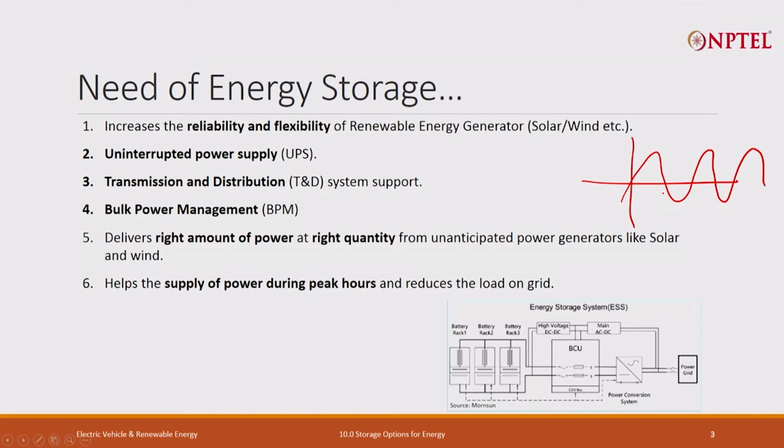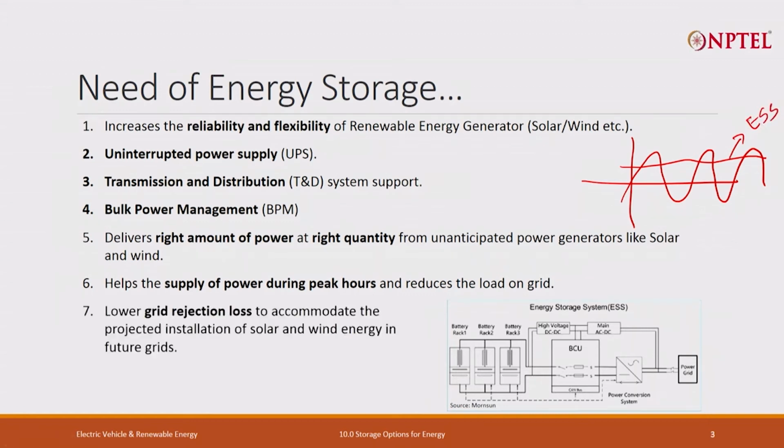So what you will try to do is average it out, and this averaging out can be done using energy storage. You also have the option of lower grid rejection losses, and to accommodate all projected installations of the present or immediate future, solar and wind, and other sources also.